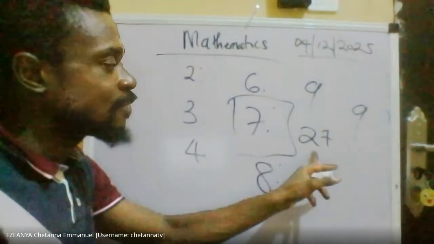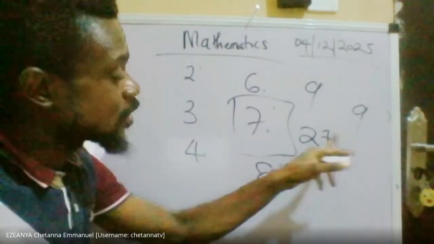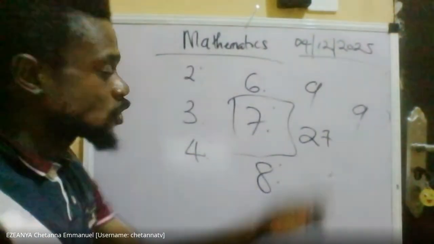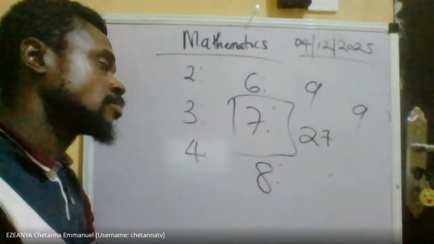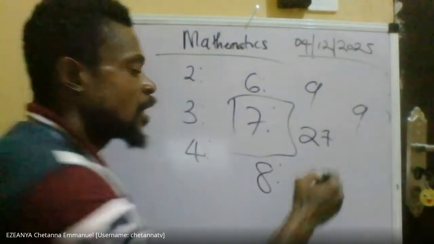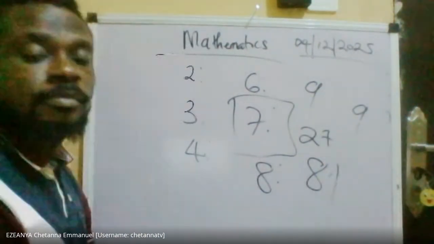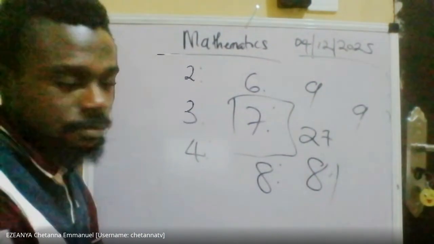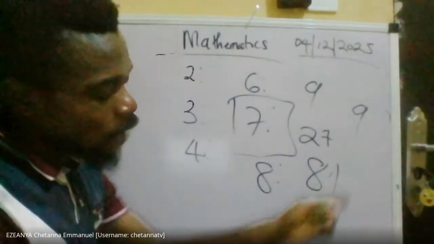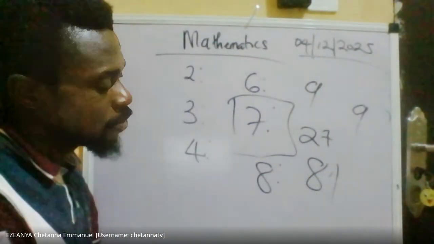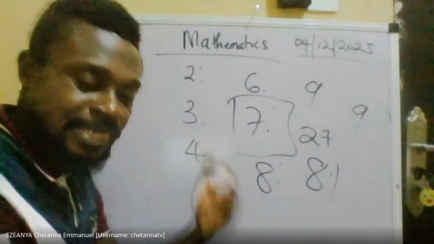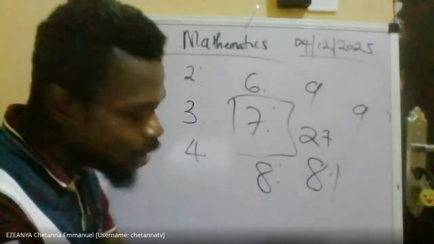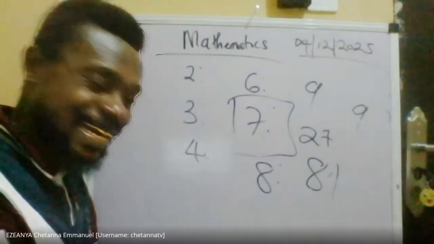So 27 is divisible by 9, because 27 divided by 9 is 3. Let's see 81. 8 plus 1 is 9. 9 divided by 9 is 1, and 9 divided by 3 is 3. So 81 is divisible by 9.